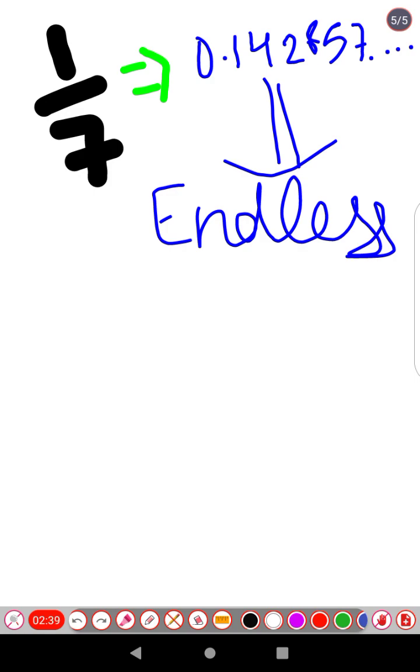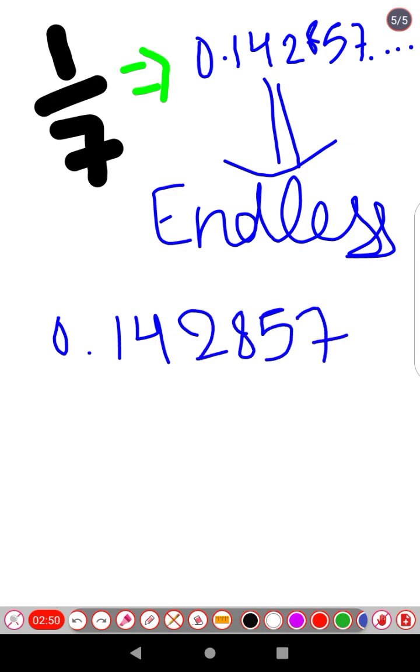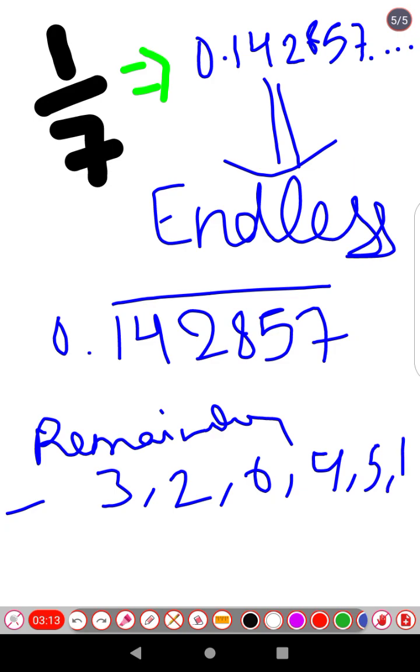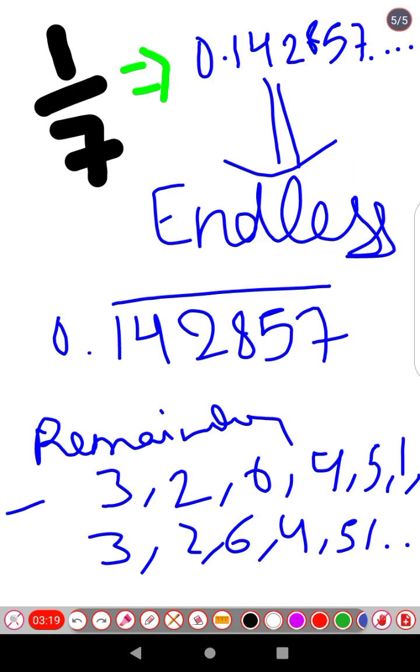So what can we conclude here is 0.14285 bar. The same digits are going to repeat. So the remainders, if you'll notice here, are 3, 2, 6, 4, 5, 1, again 3, 2, 6, 4, 5, 1 and so on.